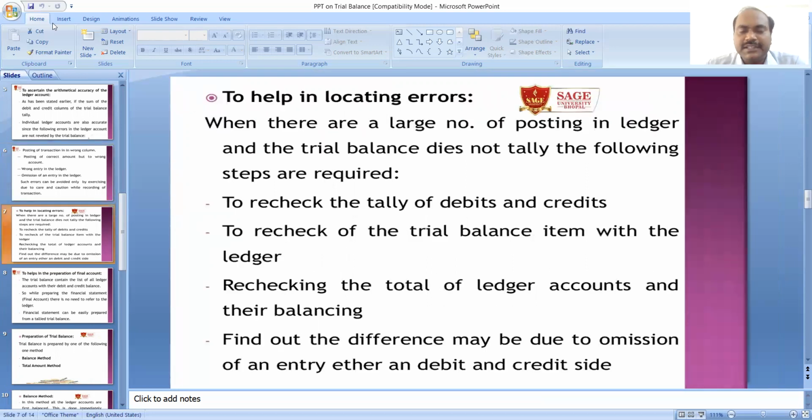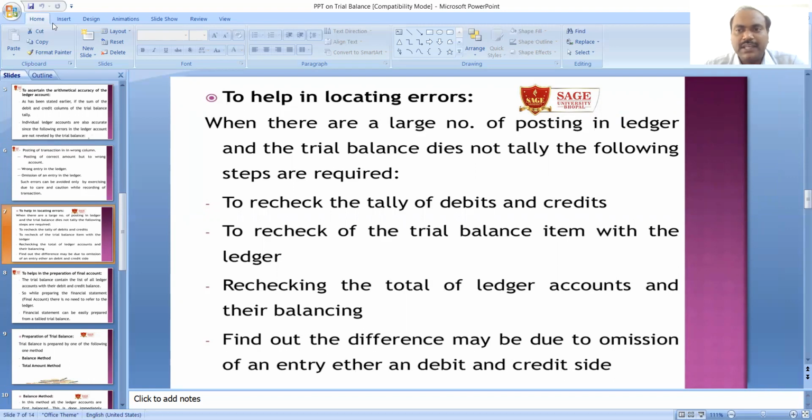And the second objective is to help in locating errors. When there are a large number of postings in the ledger and the trial balance is not tallied, we have to follow certain steps. We have to recheck the totaling of debits and credits.